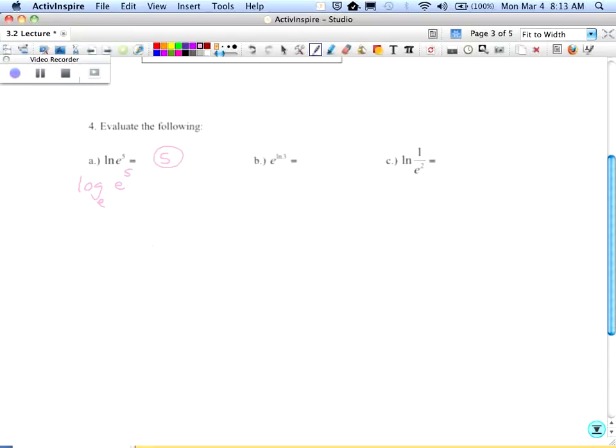Now, if you don't see that, you might set this thing equal to w, right? If you don't remember the property of something, oh, I forget, so let's write w. Now take this, rewrite it back into exponential form quickly.